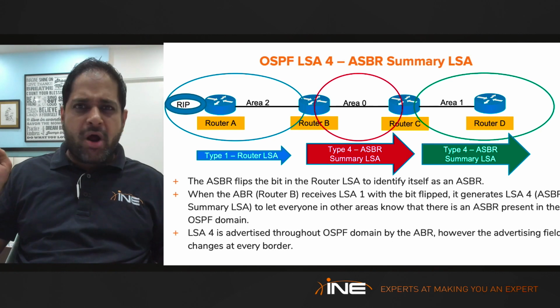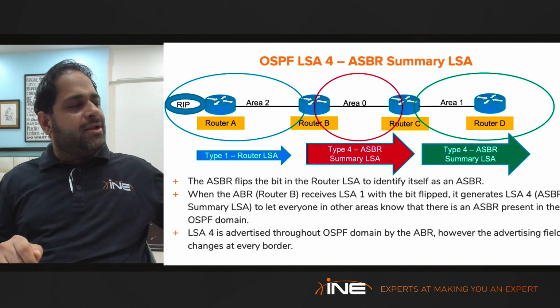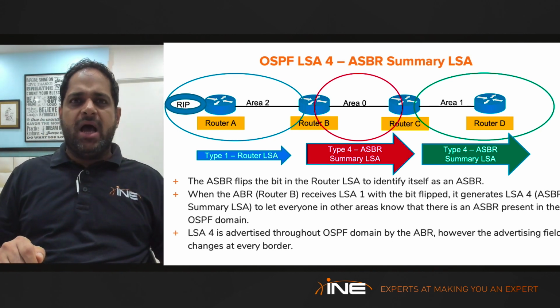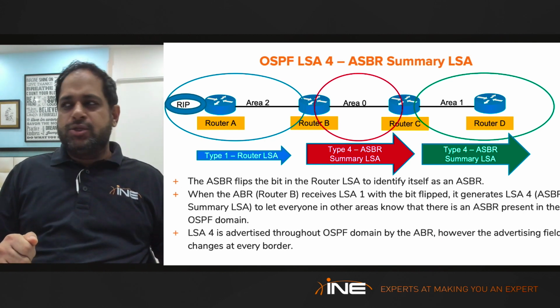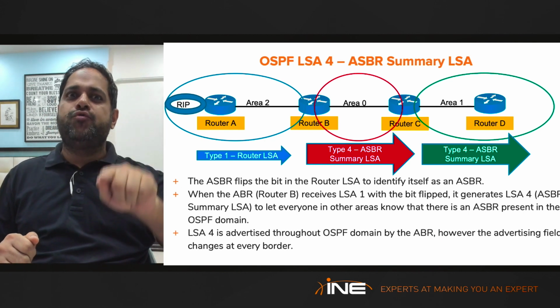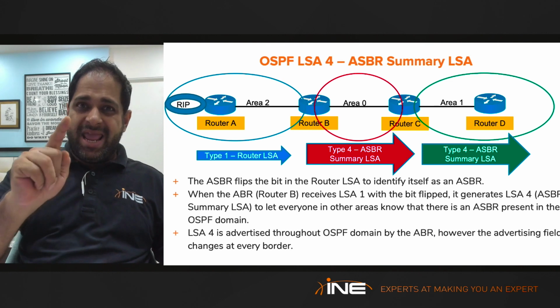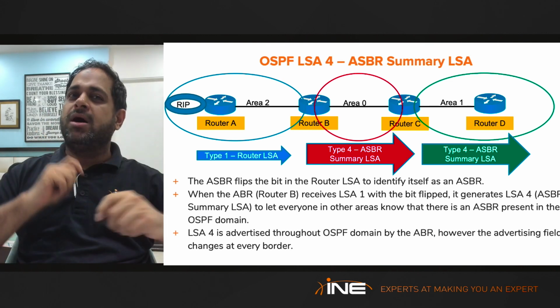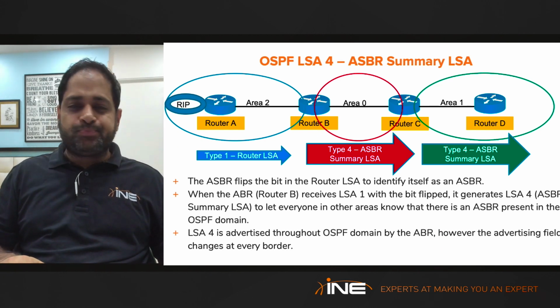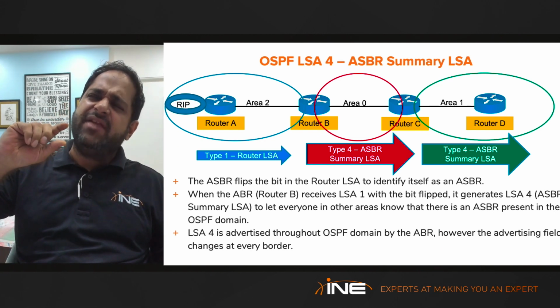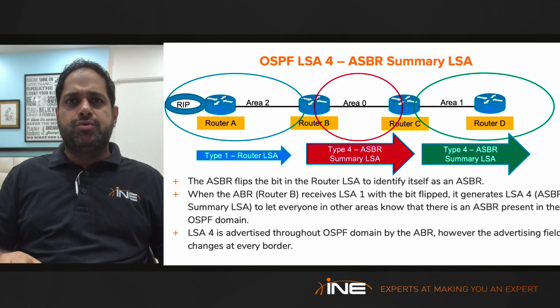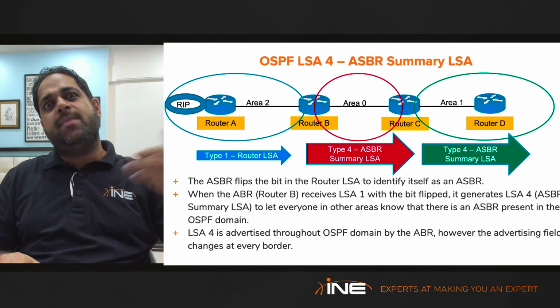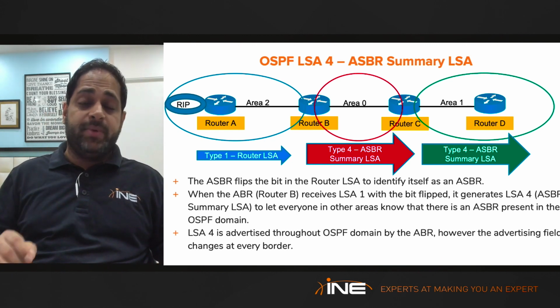But how does router B know that router A is an ASBR? How does he know that? The minute I do redistribution, router A would basically set a bit. He flips a bit to let the ABR know that I am an ASBR.